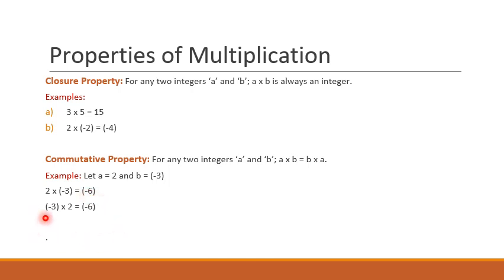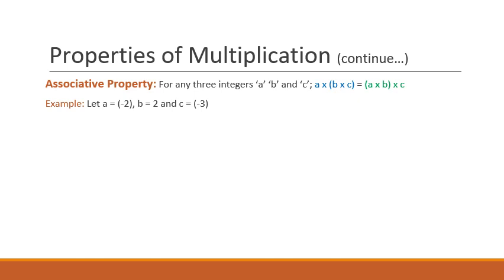Now if I change the order of numbers, minus 3 multiplied by 2, again the answer is minus 6. So we can see even if we change the order of integers, the answer remains same. So there is no change in the answer irrespective of the places of the two integers. So this is what is the commutative property of multiplication.